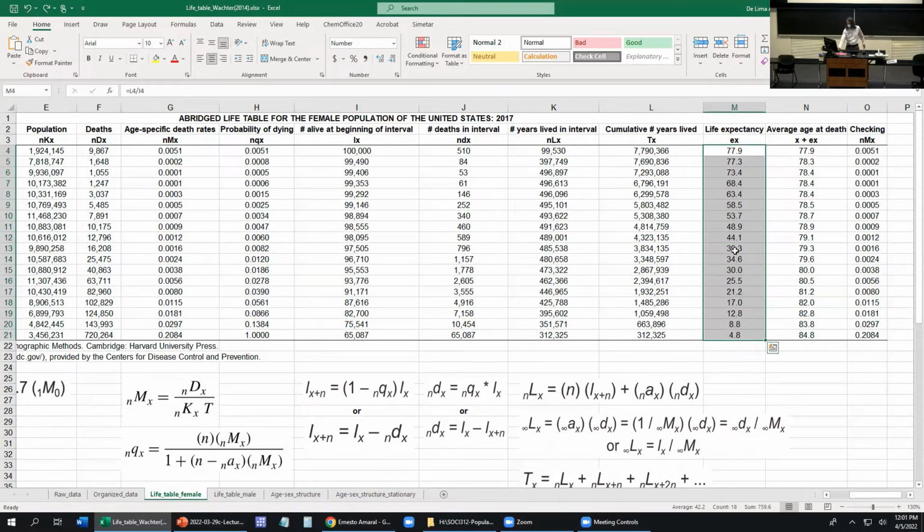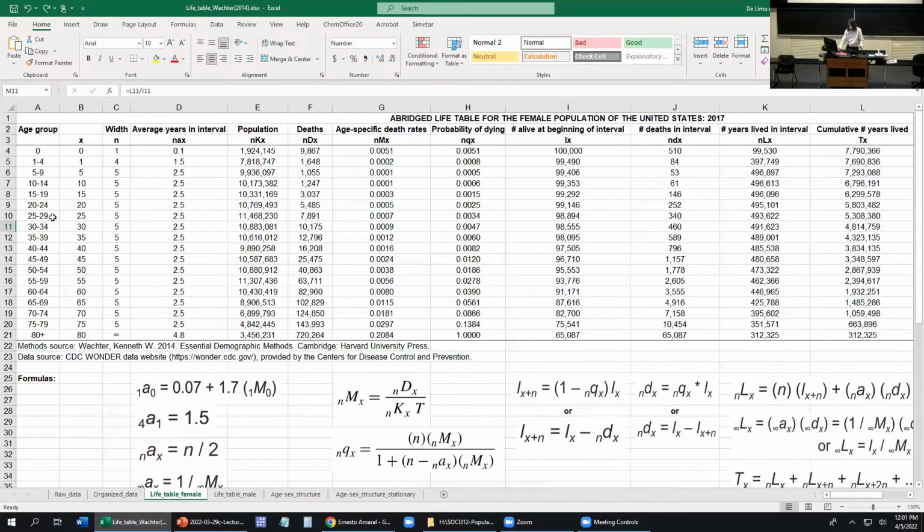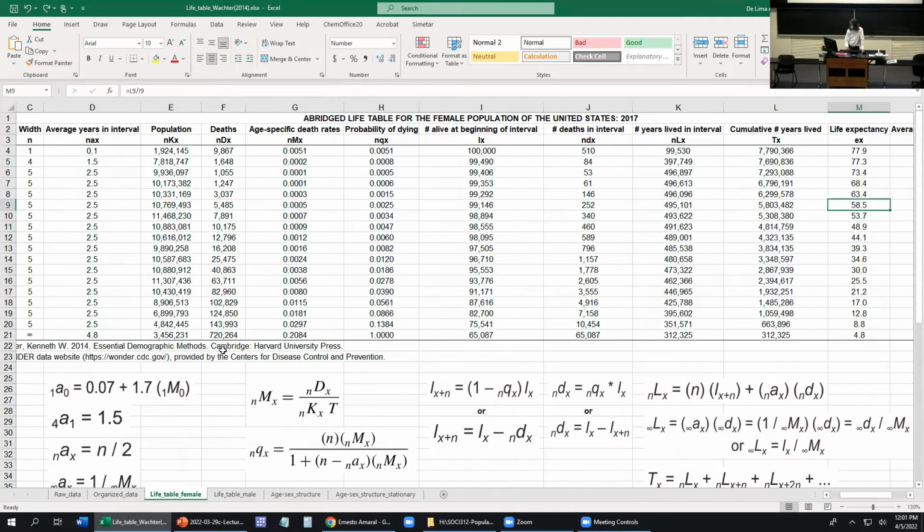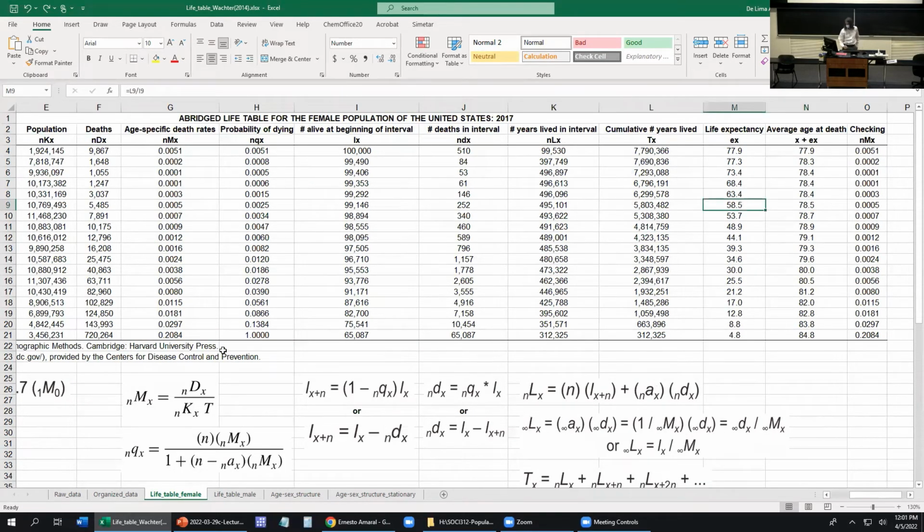And what does it mean, the life expectancy for the other age groups? So for example, here for the age group of 20 to 24, we have a life expectancy, so that's the E20, right? So the notation here is the E20.